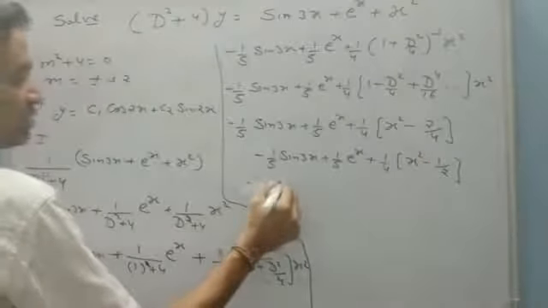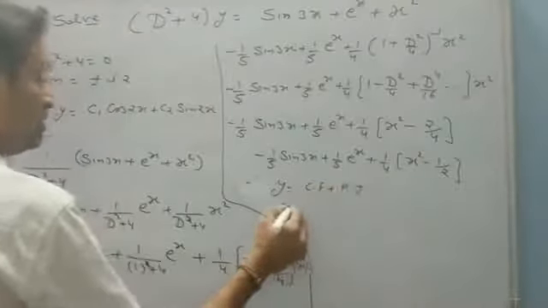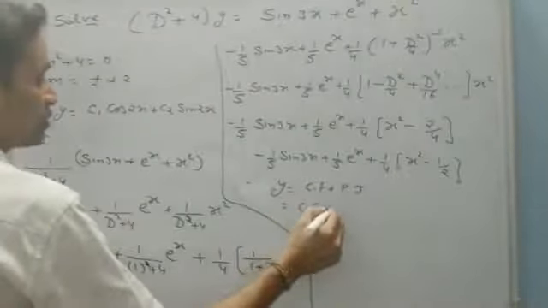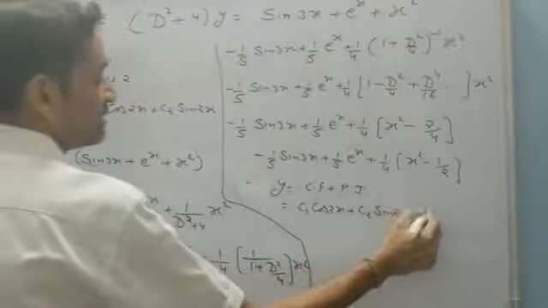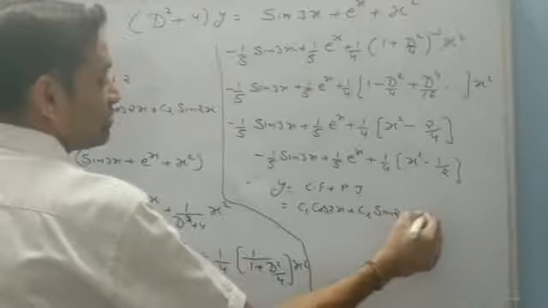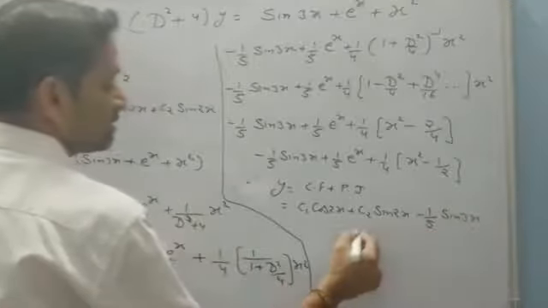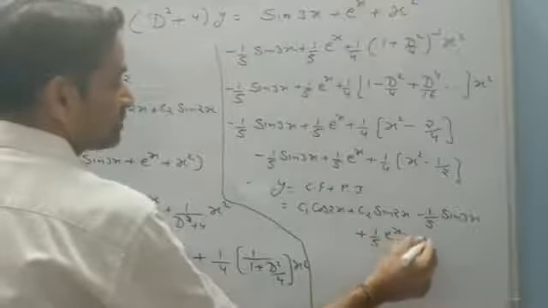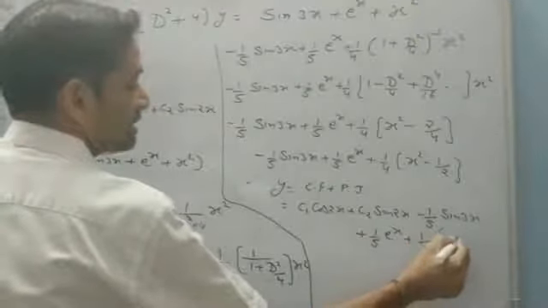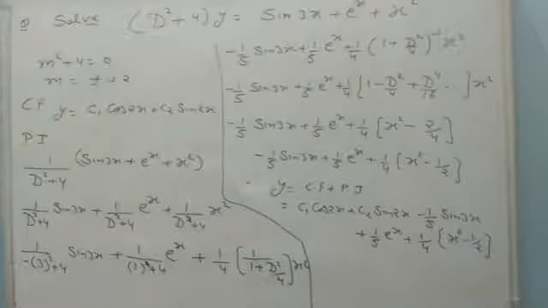Therefore, the complete solution y is equal to CF plus PI, or it will be C1 cos 2x plus C2 sin 2x minus 1 by 5 sin 3x plus 1 by 5 e to the power x plus 1 by 4 x square minus 1 by 2. This is the required solution of the given equation.